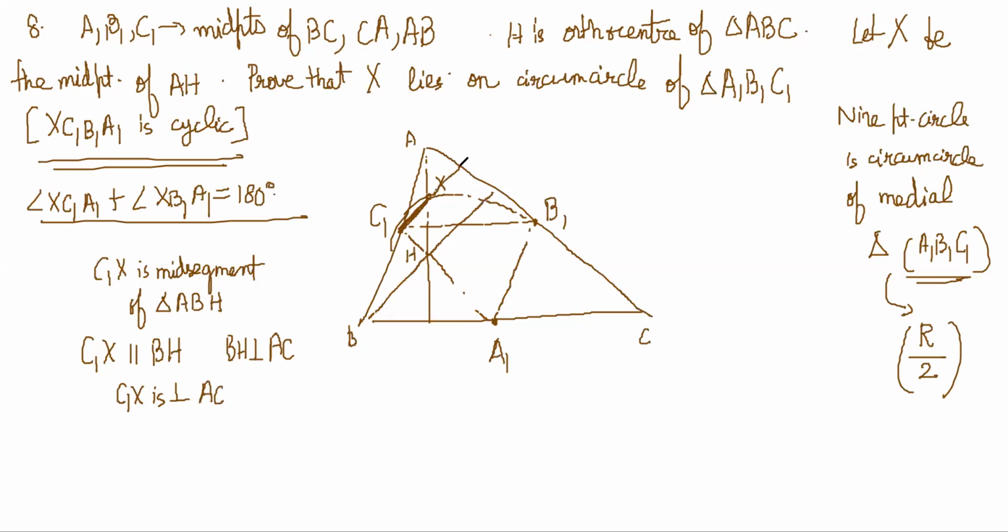This became parallel to this, so this is 90, then this is 90. So this angle becomes 90 minus A, right?